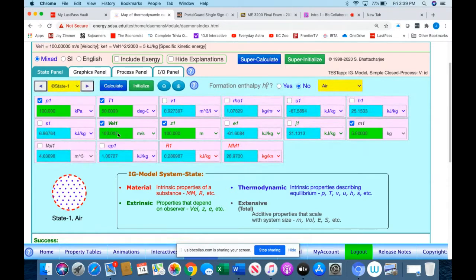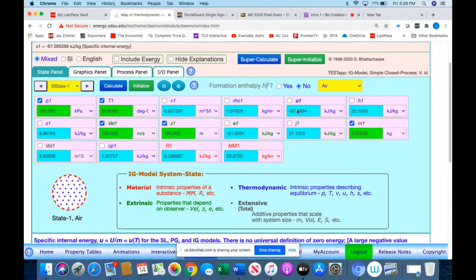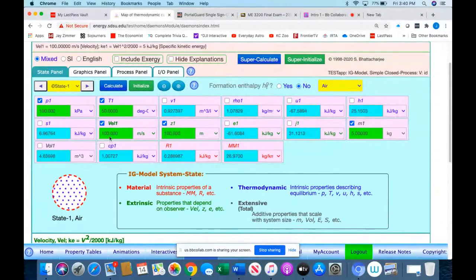If I give it some velocity, there's then a kinetic energy term, there is a potential energy term, and you see that those two terms combined make this stored energy value higher, or less negative, than the internal energy, because this E is simply equal to U plus a kinetic energy term plus a potential energy term.